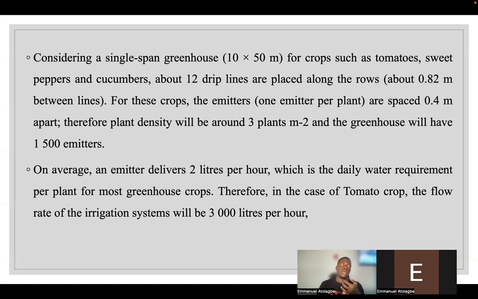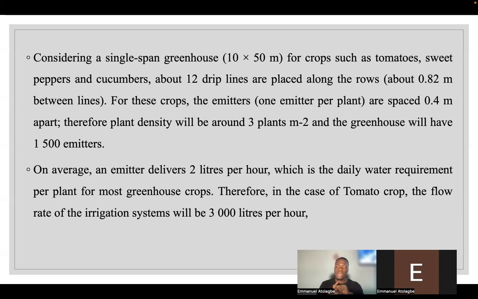This is the usual case for bell pepper, tomatoes, cucumbers, and any other fruity veggies that you want to put in your greenhouse. You can decide to use 40 centimeter spacing between one plant and another. You can decide to use 50 centimeter.